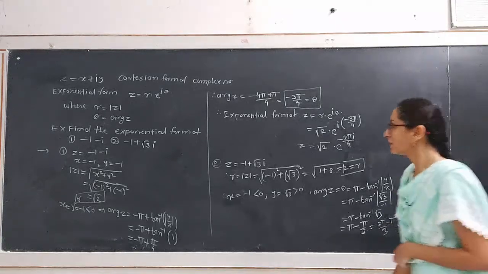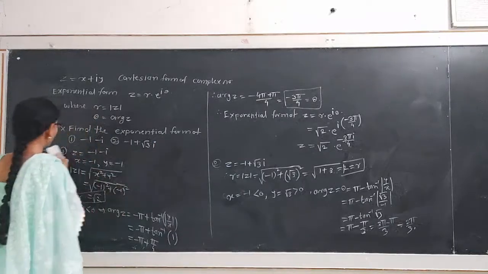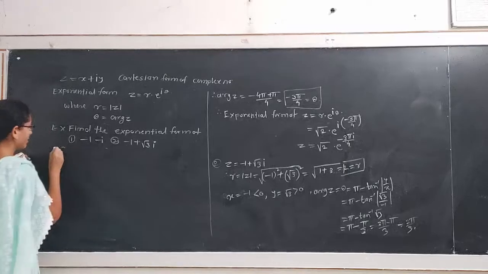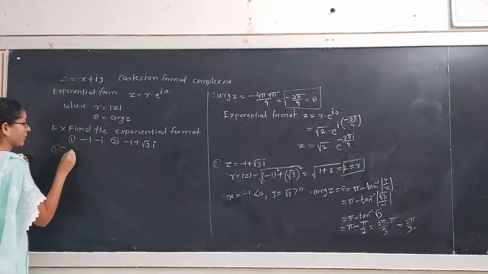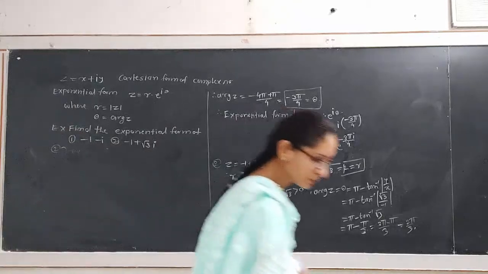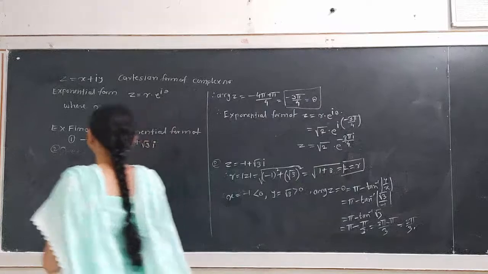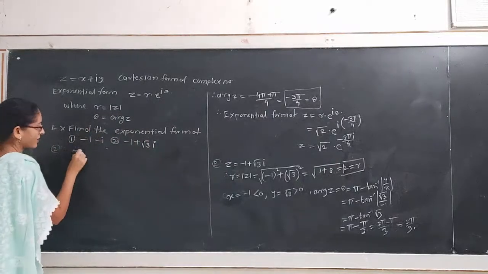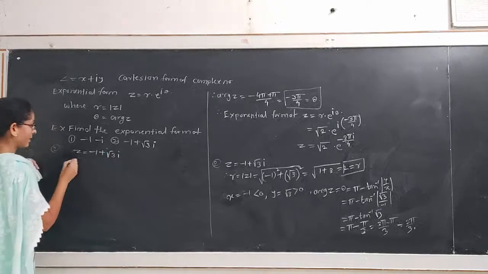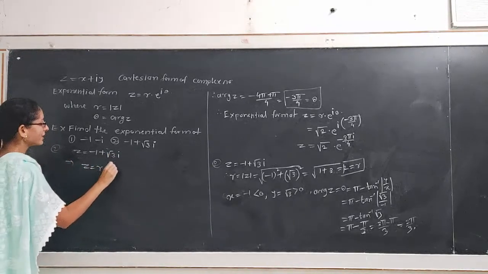Therefore, the exponential form of the second complex number z is equal to -1 plus root 3 i, which implies z is equal to r e raised to i theta.